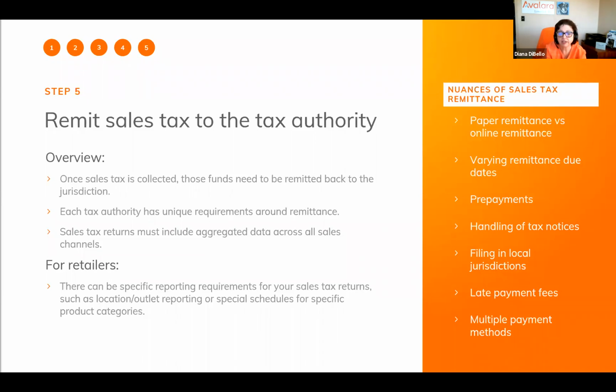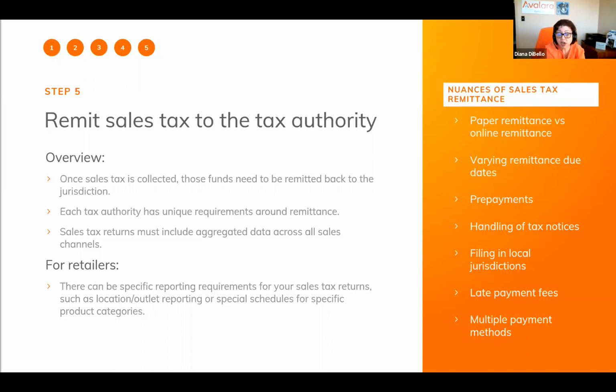So you have to aggregate all your e-commerce sales, all of your point of sale sales, any other sales channels that you might have, and your marketplace sales, so that you can provide that information to the jurisdiction. If you file on time, some states give you a discount. If you don't file on time, then you're going to have to pay a penalty.